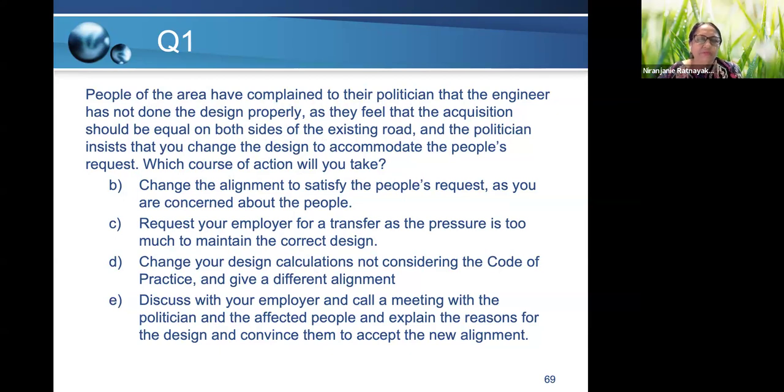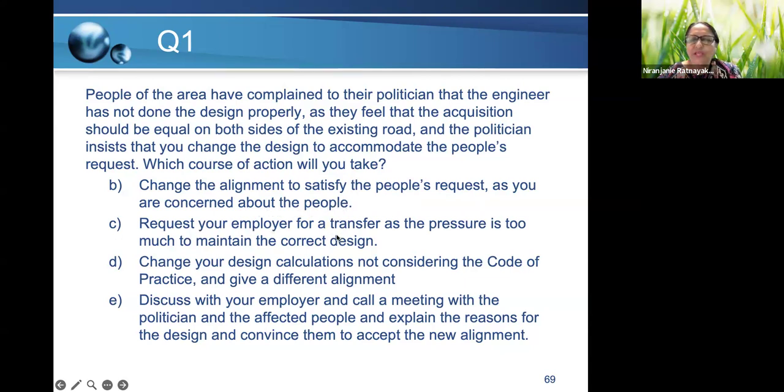I have given 4 answers, right? Change the alignment to satisfy the people's request as you are concerned about the people. Now this, at the back of your mind, you must have the code of ethics, because you are an engineer, you have to work according to a code of ethics.